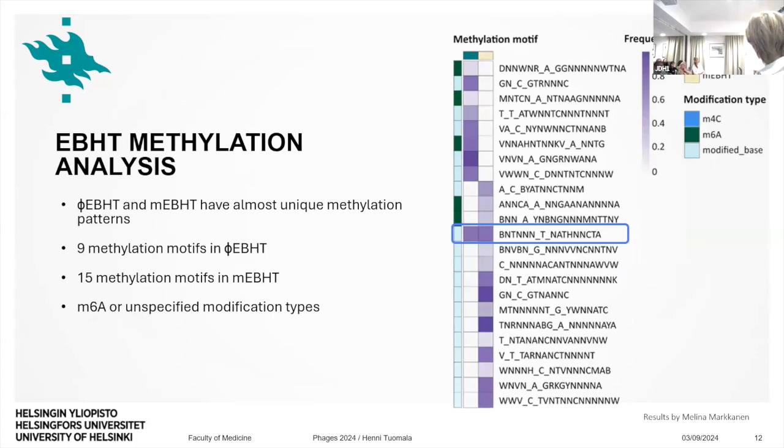In total, 23 methylation motifs were found across both phage variants, and only one of them was shared between PEBHD and MEBHD. Mostly the identified modifications were unspecified, but there were some m6A type modifications.